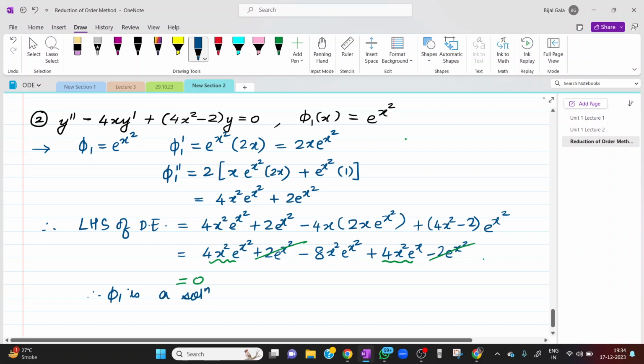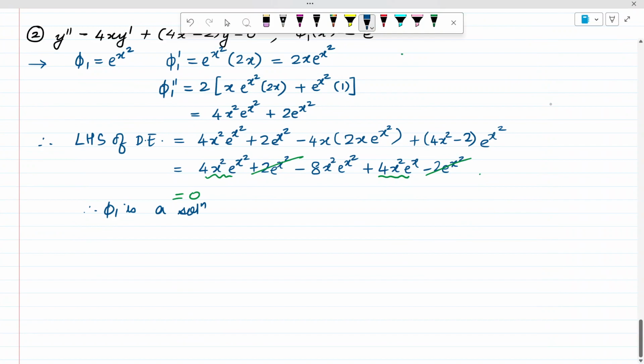Now we move to the second solution, that is say maybe phi 2. To find phi 2, I will first calculate e raised to negative integral of p of x dx. And in this particular case, the value of p of x is negative 4x. So negative negative will become positive. So I'll have integral of 4x dx.